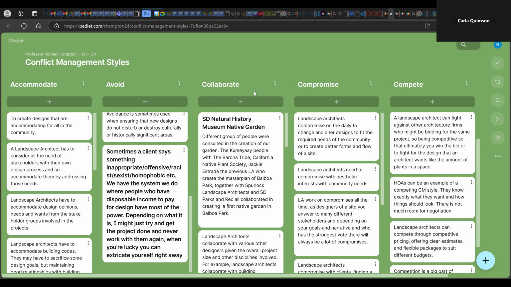I can go, since I think I'm the first one there. For my work right now, I manage a garden at the San Diego Natural History Museum, and the way it came about is not just the museum saying, hey, we want a native garden.